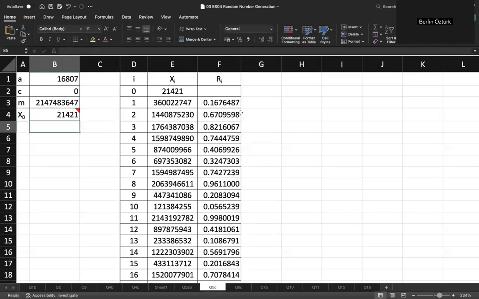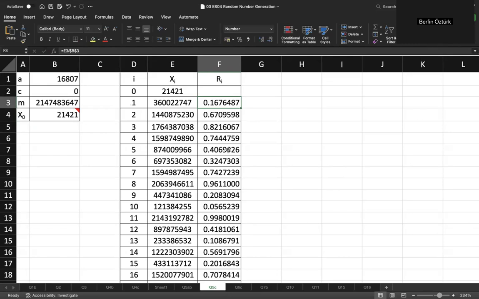Okay. So depending on the seed number, obviously, we will be having a different sequence. Different seeds produce different sequences, and these differences make sure that we have different outcomes in the simulation.